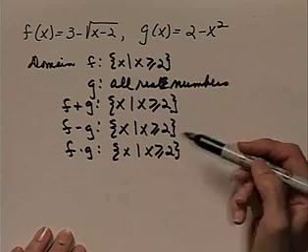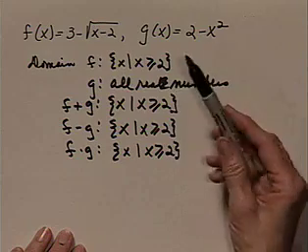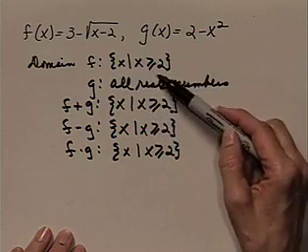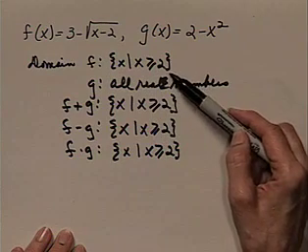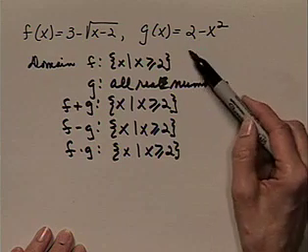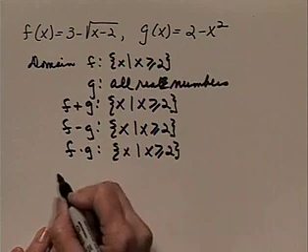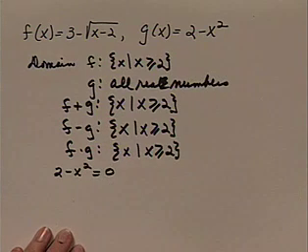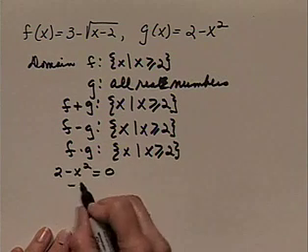Remember that it has to consist of all the numbers that are in both domains for f and g, so that would be all real numbers x greater than or equal to 2. But we cannot have any values of x which make g of x 0. So let's see if we can find the values that make g of x 0.